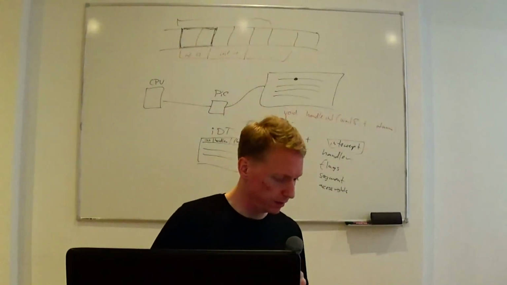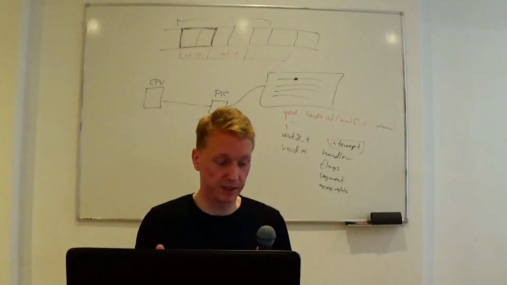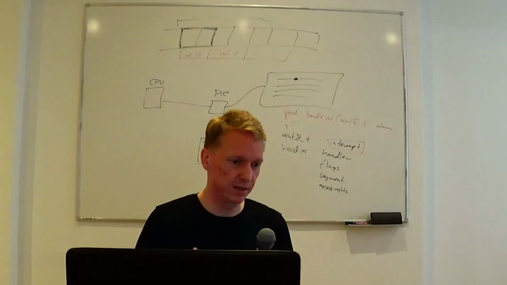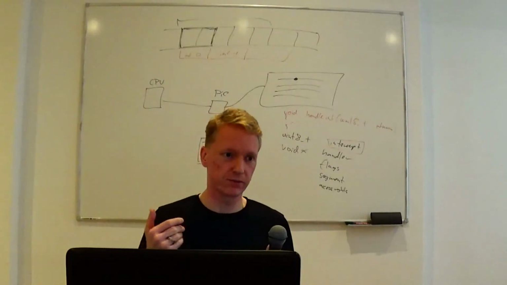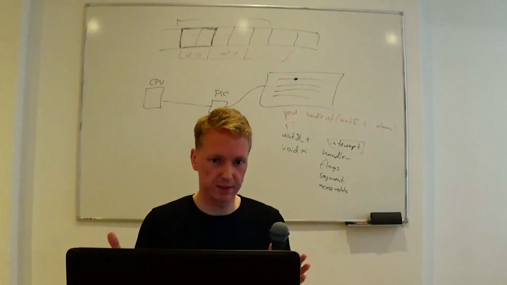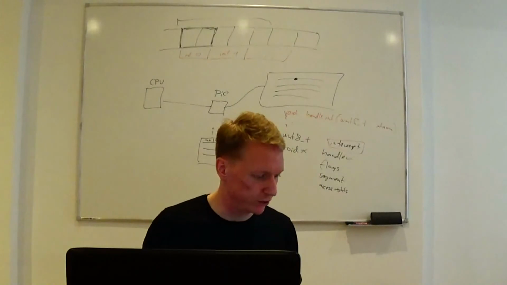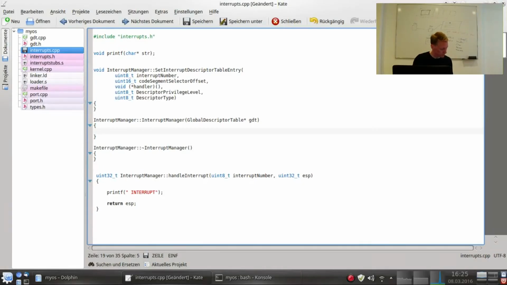Okay, so every interrupt that we don't set explicitly just should be ignored, okay? Because if it isn't, then we get a problem. So if we get an interrupt and we don't have a handler for it, we get a global protection fault and the operating system crashes, okay?